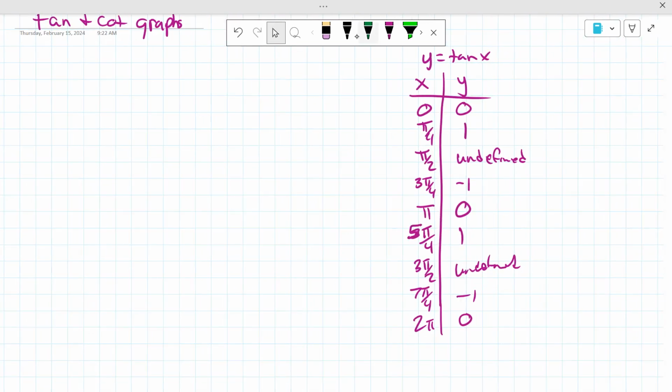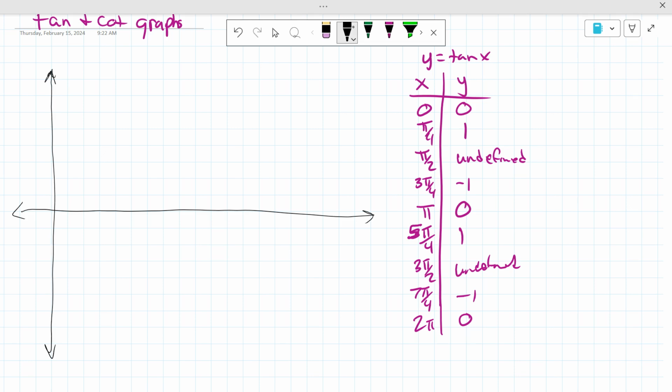So let's graph this thing. So we got 1, 2, negative 1, negative 2, pi over 2, pi, 3 pi over 2, 2 pi.